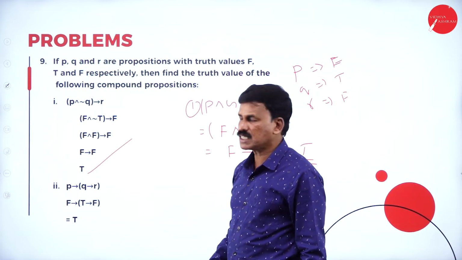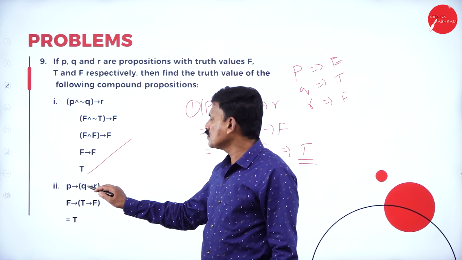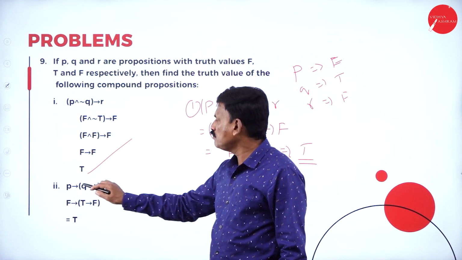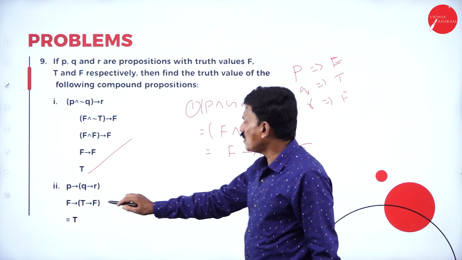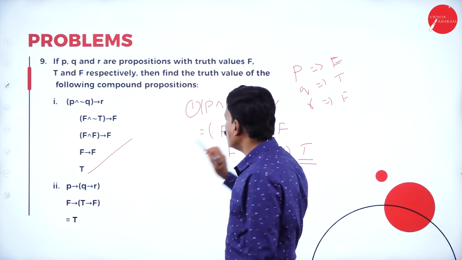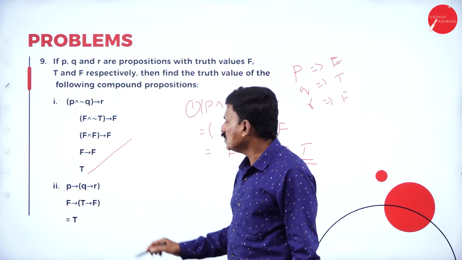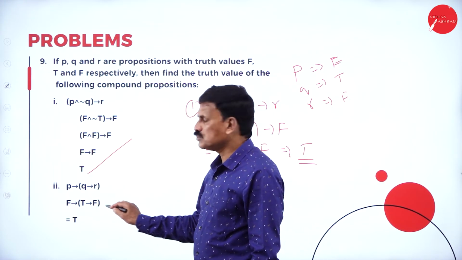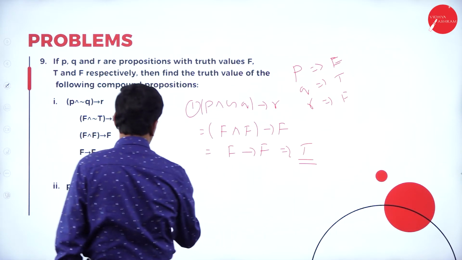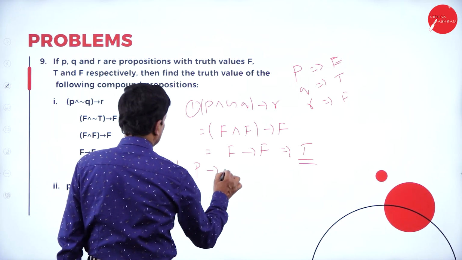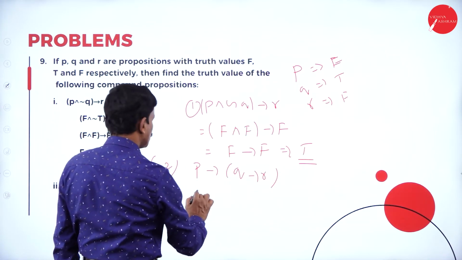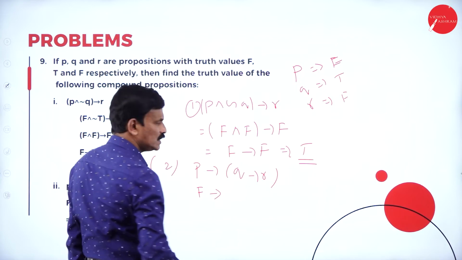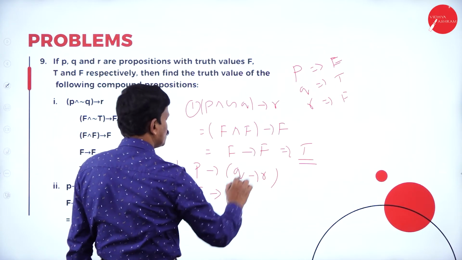Now let us come to the second problem: P conditional to Q conditional to R. What is P? The truth value for P is F, conditional to Q. What is Q?